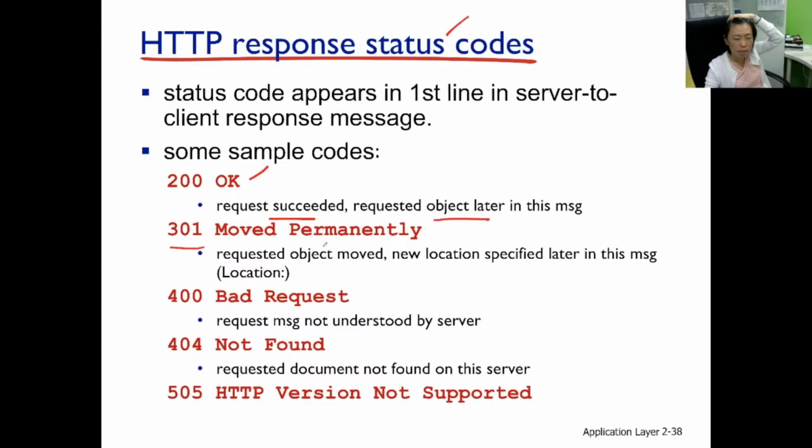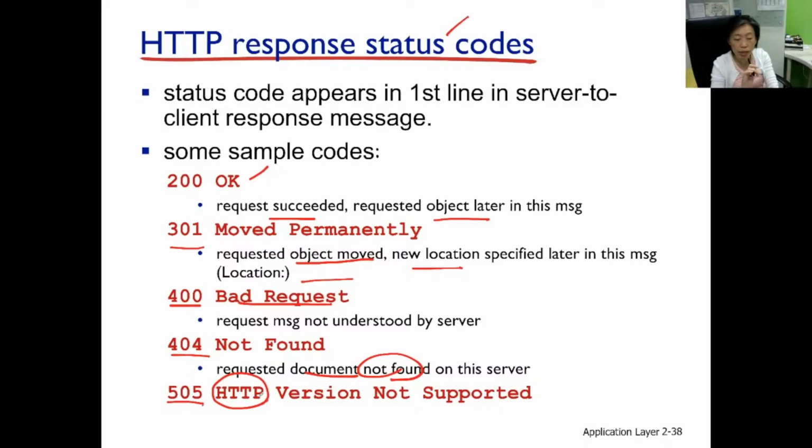301 means the server is saying the object has moved to a new location specified later in this message. Sometimes when you run into a message like this, you see, click here, and that takes you somewhere else. It's a redirecting link. Status code 400 means your HTTP request format is not quite correct: bad request. 404 means the object you're asking for is not found. 505 is HTTP version not supported.